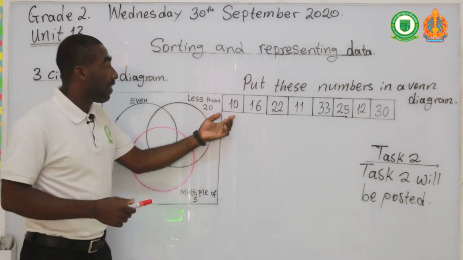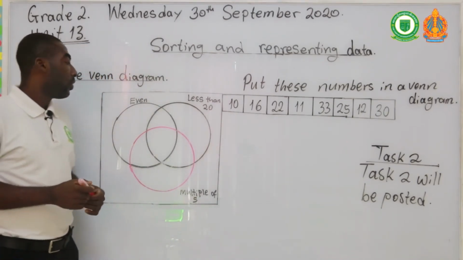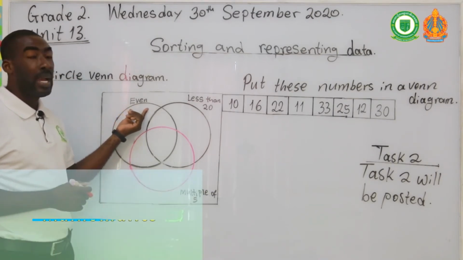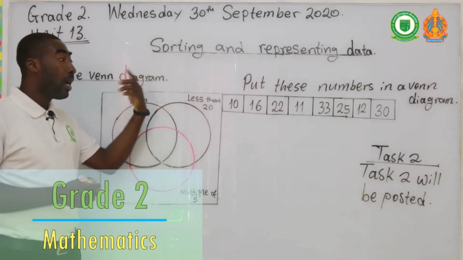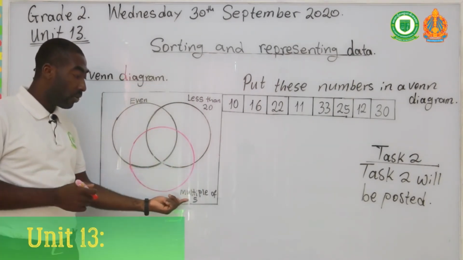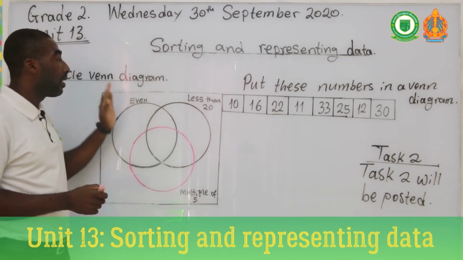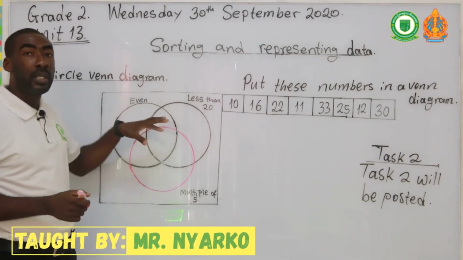Okay, so we look at our first number. So the first number here is 10. So we know that 10 is an even number. Again, 10 is also less than 20. Moreover, 10 is also a multiple of 5. That means 10 can be put into all the 3 circles.